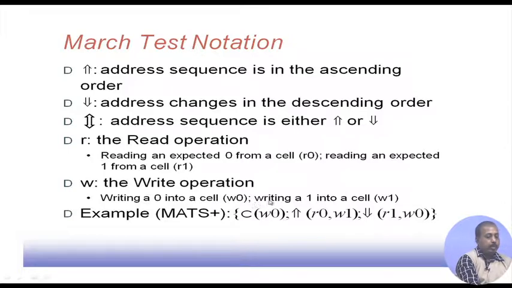Initially the memory content will be all 0, then I will be reading the 0 and writing 1 there. Then in the reverse order I will be reading the 1 and writing the zeros there. So, that way I will get the memory back to all 0 content, but it will be testing a number of faults that we will see in the successive lectures.